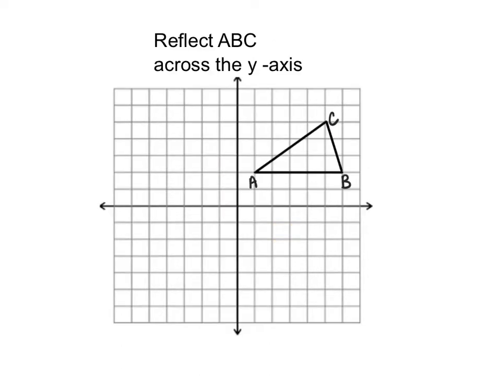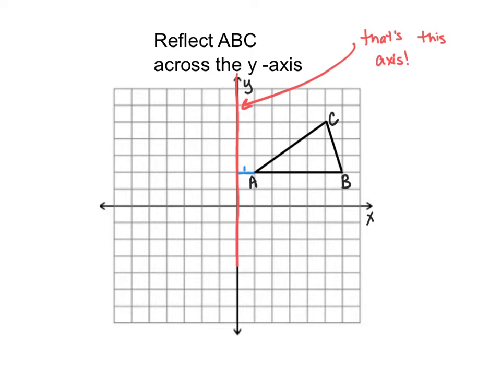All right, now let's move on to reflections. In this example, I'm asked to reflect ABC across the y-axis. So first, I'm going to realize that the y-axis is my vertical axis, and then to perform this reflection, each point on the image must be the same distance from the line of reflection as the point on the original.